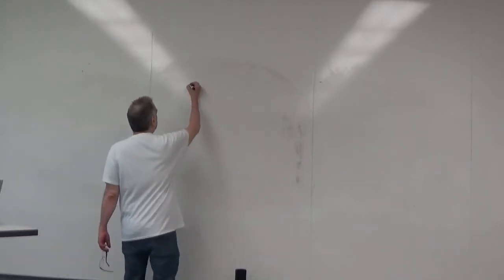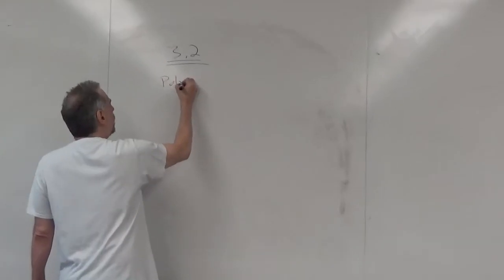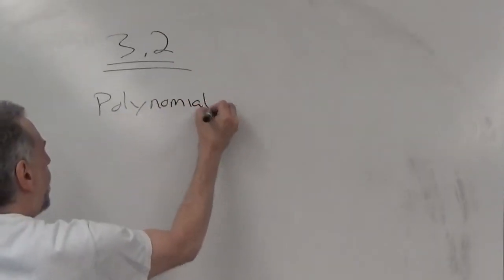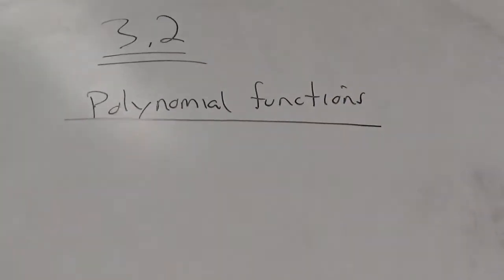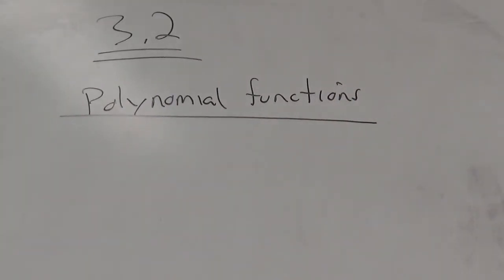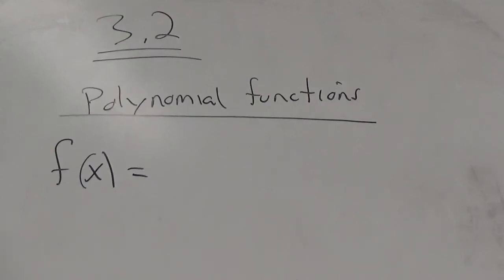So first of all, what is a polynomial? We call polynomial functions anything that has something like this. If we say f of x, in the book you're going to see this long definition of a polynomial function.